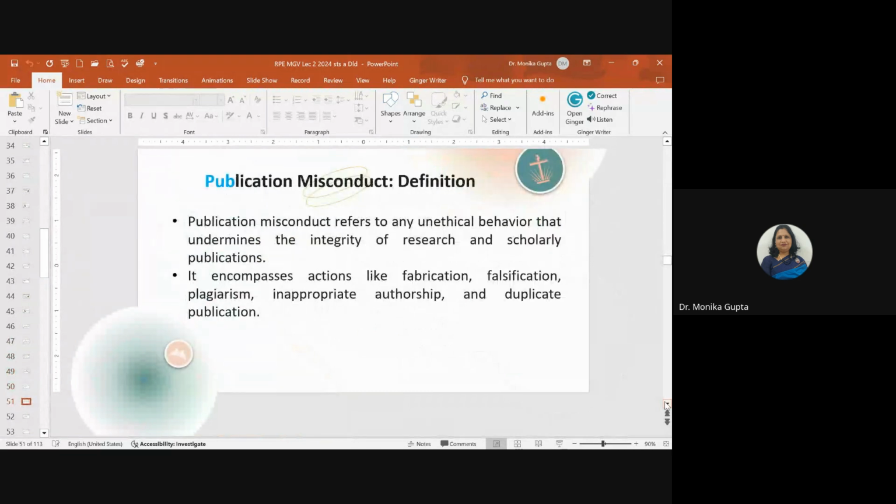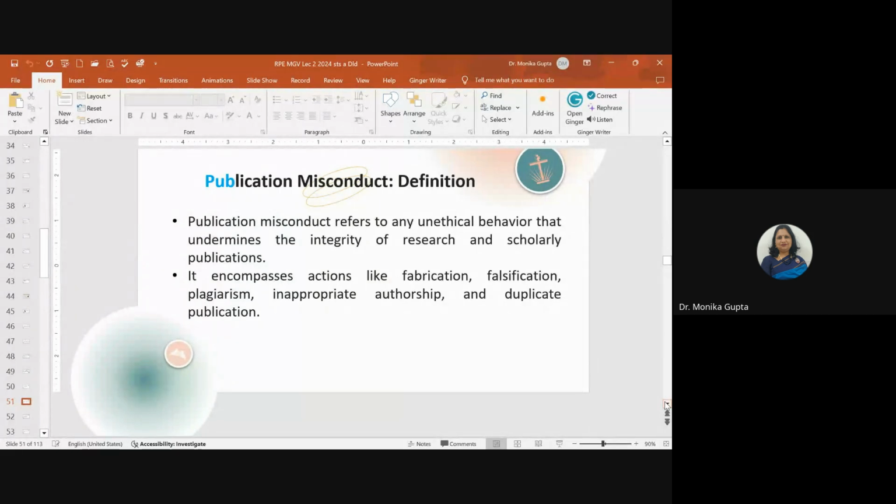So, as far as the definition of publication misconduct is concerned, how can we define this? It encompasses a range of unethical behaviors that compromise the credibility of research findings and scholarly publications.